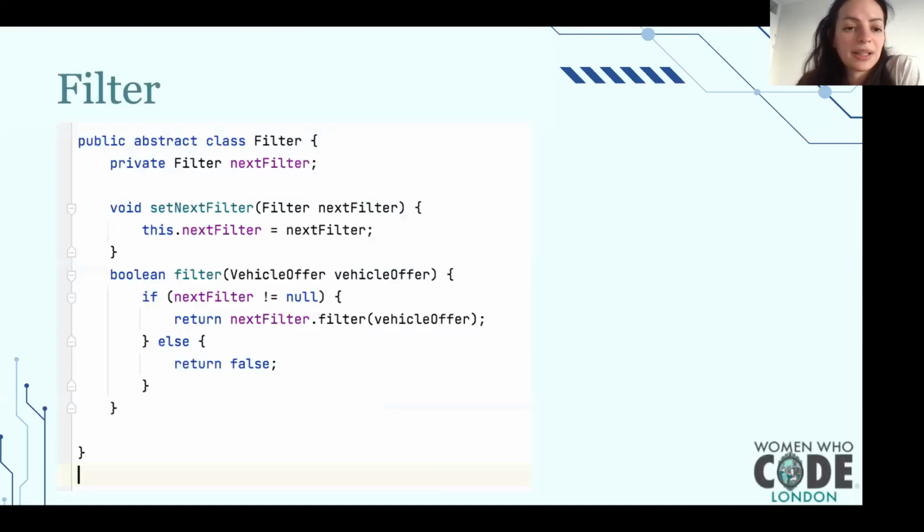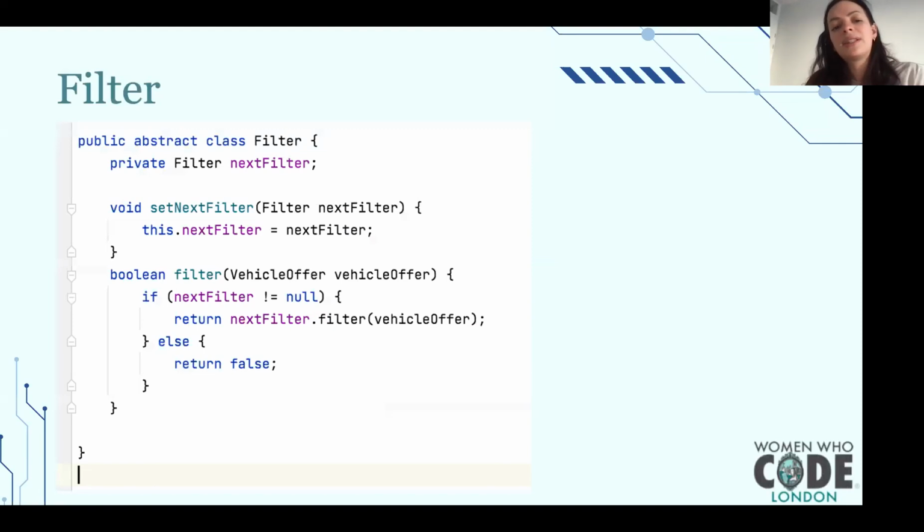So how can we apply the chain of responsibility pattern here? Please follow me, it's very interesting. I want to create a filter, and I also want to have a next filter. Let's think that the order is super important for us.